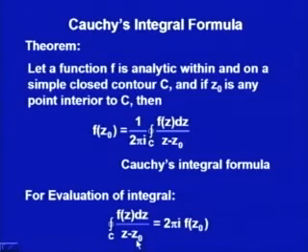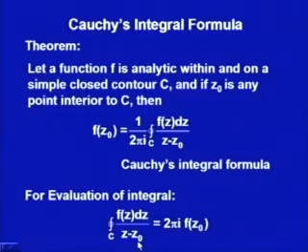Now we have one point z naught where the function is not analytic. If it had been analytic at that point also, then along any simple closed contour C the integral should have been 0, but it is not. So what we are saying is that this integral is equal to this.